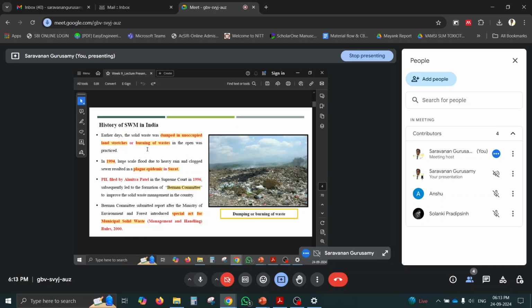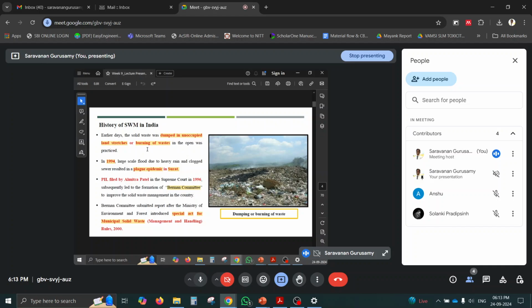After that, Almitra Patel filed a PIL in 1996 in the Supreme Court, and then the Bhurelal Committee was formed. It was a subsequent formation of the committee after the case was filed. With that committee's recommendation to the Ministry of Environment and Forest, they introduced a special act for municipal solid waste in 2000.